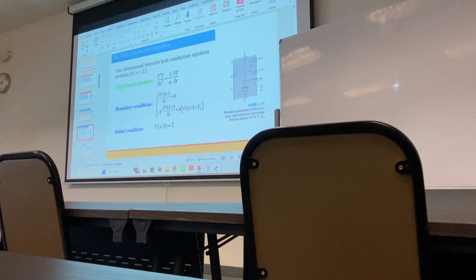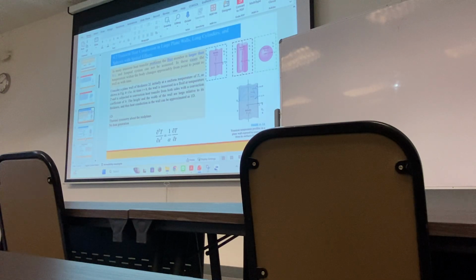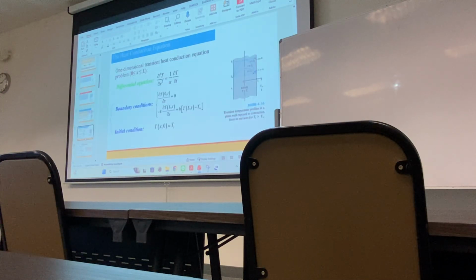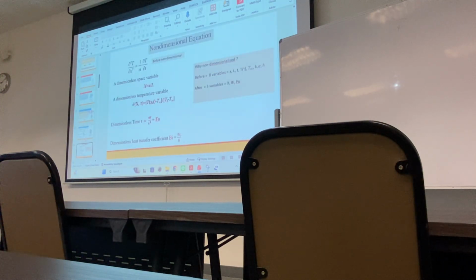When the Biot number is greater than 0.1, when the system is not a lump system, then we had to derive equations, right? So we derived equations again for a plane wall, a cylinder and a sphere. We saw that the equations for transient heat transfer were very complicated, so we had to non-dimensionalize, right?